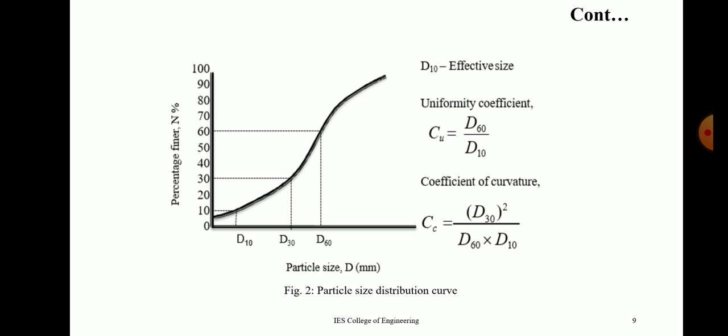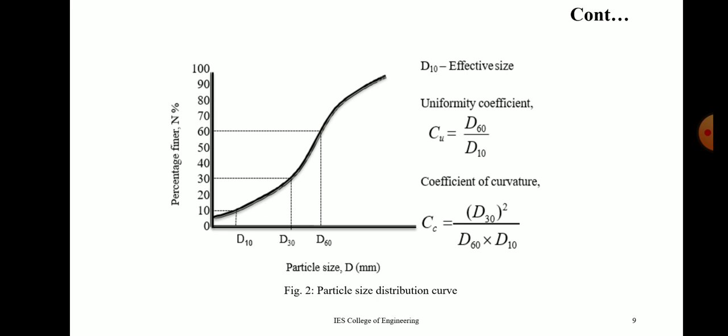To find the value of D30, a line is drawn from percentage finer of 30 percent to the curve and the corresponding value is taken from the x-axis. And this will give the value of D30. Similarly, we can find the values of D10 and D60.